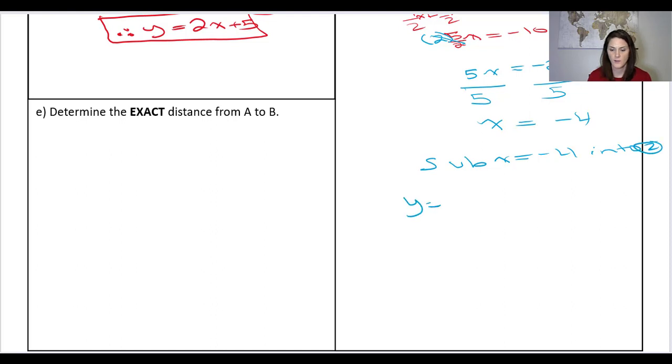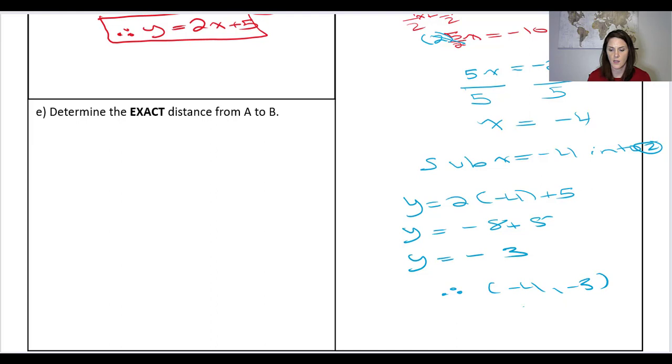So y is equal to 2 times negative 4 plus 5. Y is equal to negative 8 plus 5. So y is equal to negative 3. So therefore, (-4, -3) is the point of intersection, the POI, or the solution.